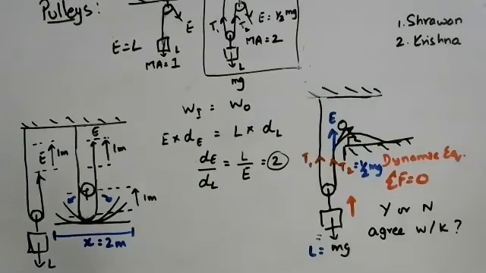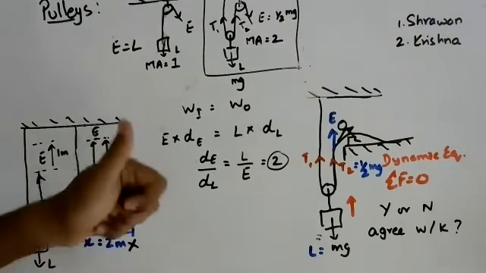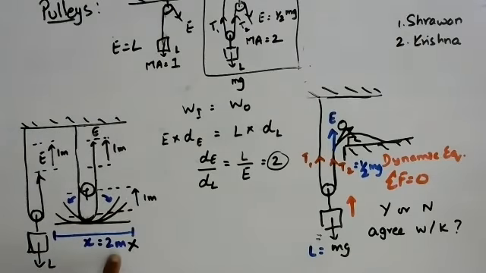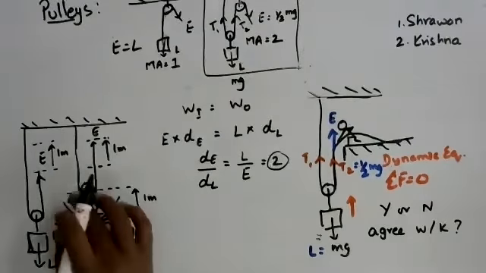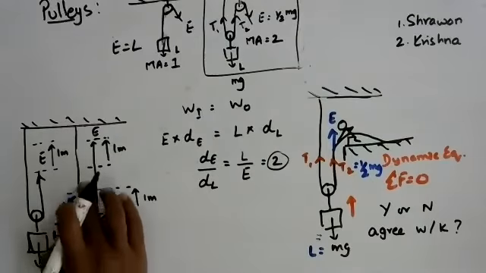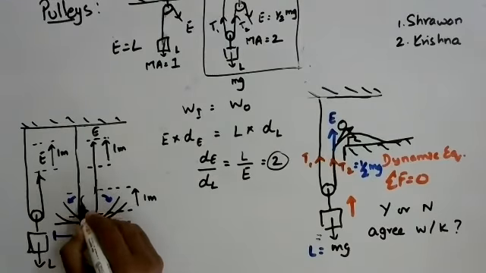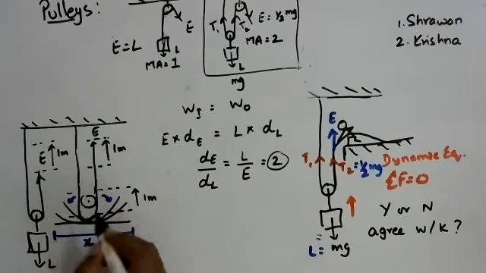Okay, so therefore now this is an absurd situation. So you can say that obviously this is not going to happen. This cannot happen, because if you pull up the rope by 1 meter, the pulley cannot traverse 2 meters of the rope. That is not possible. So what would be the accurate situation? The accurate situation would of course be if the pulley moved up by half the distance.